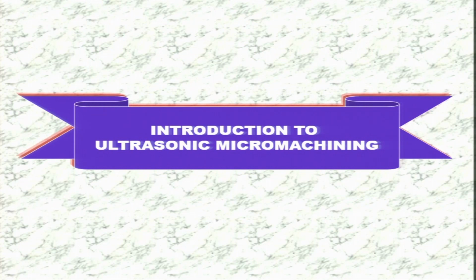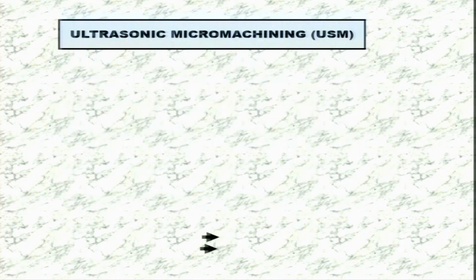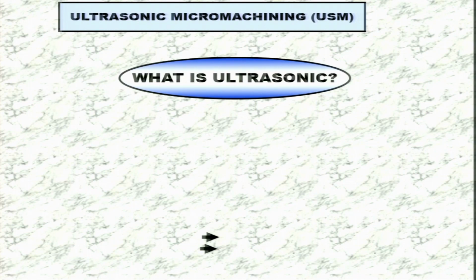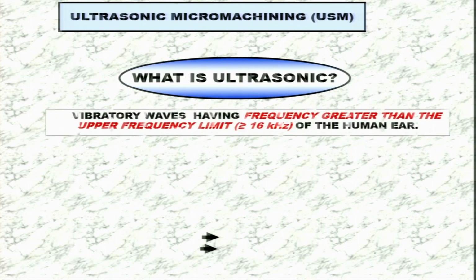Introduction to ultrasonic micromachining, Part 1. Ultrasonic micromachining. What is ultrasonic? These are vibratory waves having frequency greater than the upper frequency limit, that is greater than or equal to 16 kHz, of the human ear.